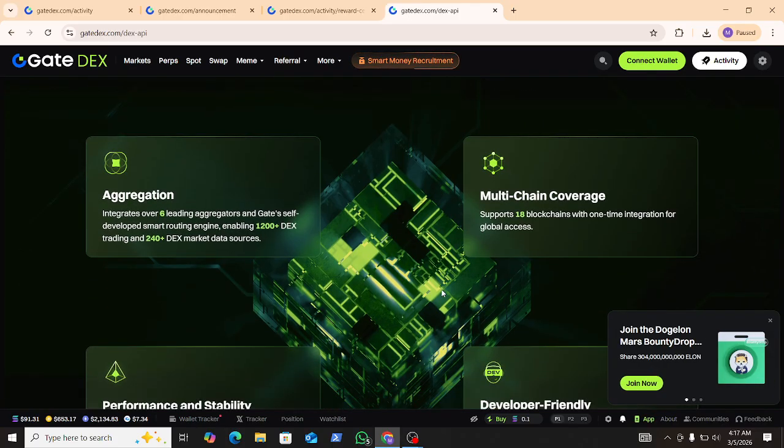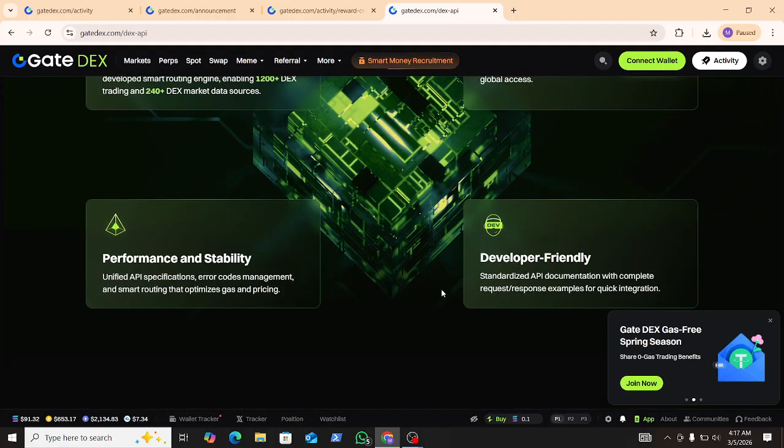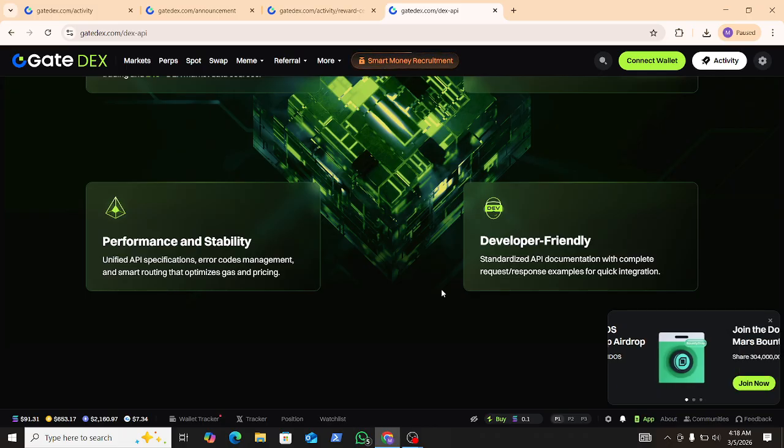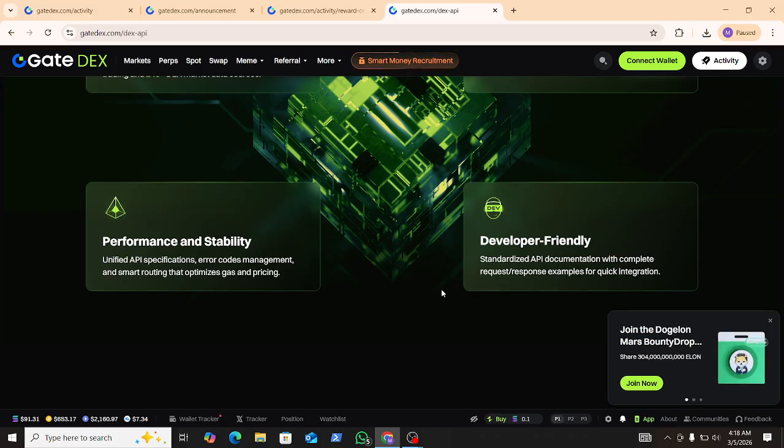Support 18 blockchains with one-time integration for global access. Performance and stability. Unified API specifications, error codes management, and smart routing that optimize gas and pricing. Developer friendly. Standardized API documentation and complete request and response for quick integration.